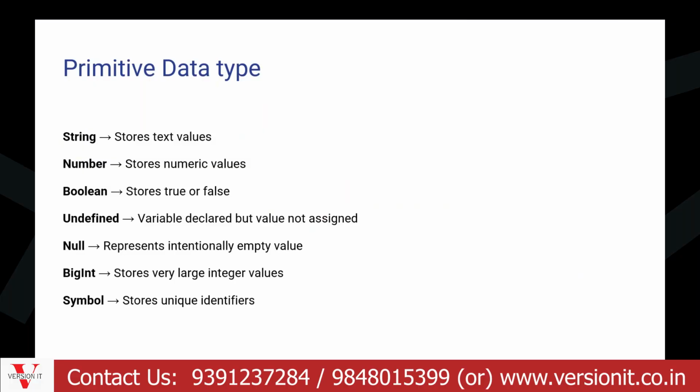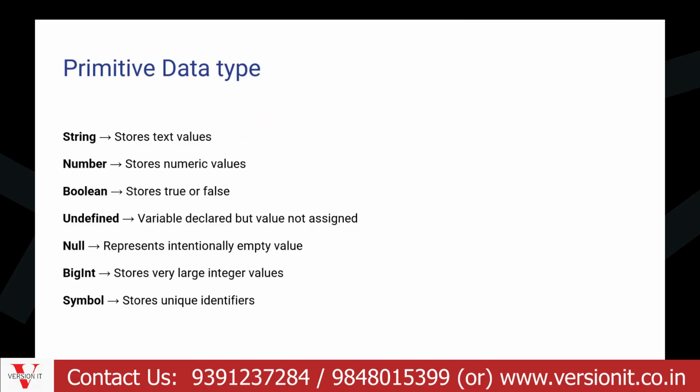Okay, and next is the symbol. So what is symbol? I'm definitely sure that if you're not aware of JavaScript, you might not have heard this before. This tells us that if you want to store some unique values. When you talk about unique values, let's assume you have your employee ID, right?